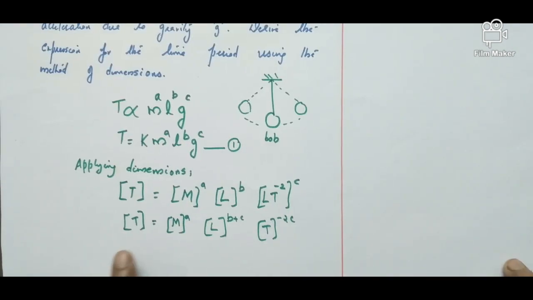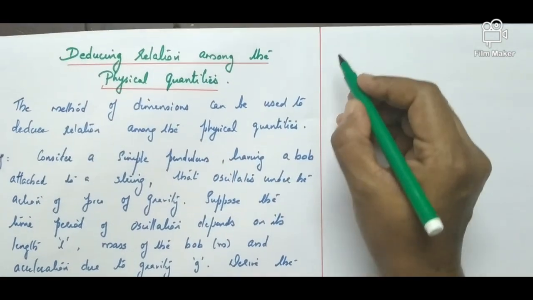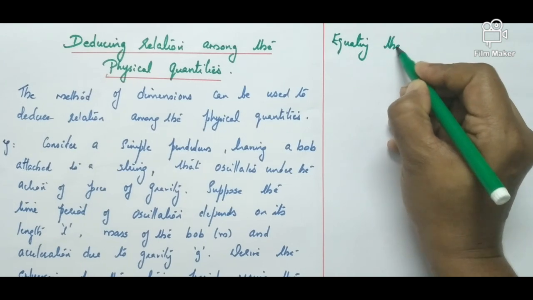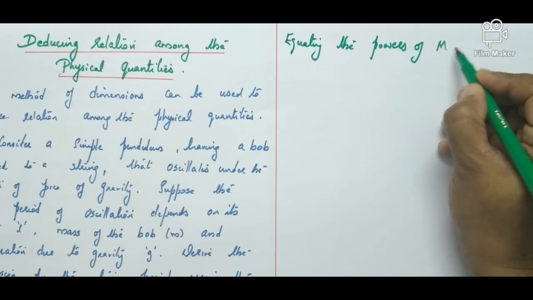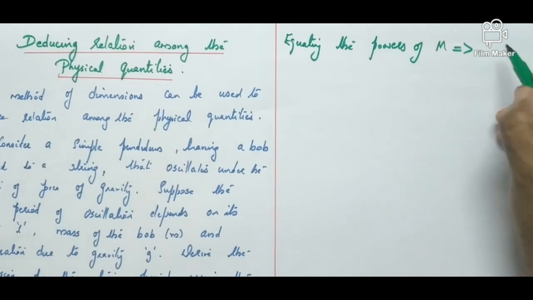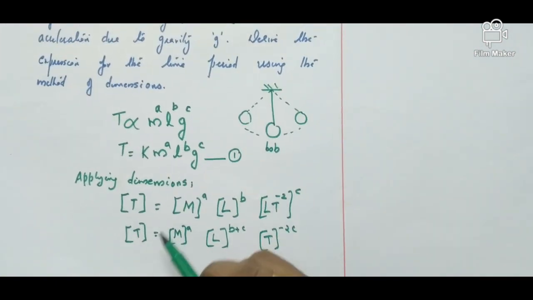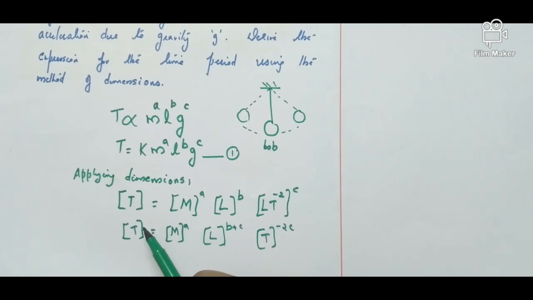Now we can equate the powers of mass, the powers of length, and the powers of time. Equating the powers of mass, the left hand side has no term relating mass, therefore A equals 0. Is there any length term in the left hand side? No, therefore B plus C equals 0.